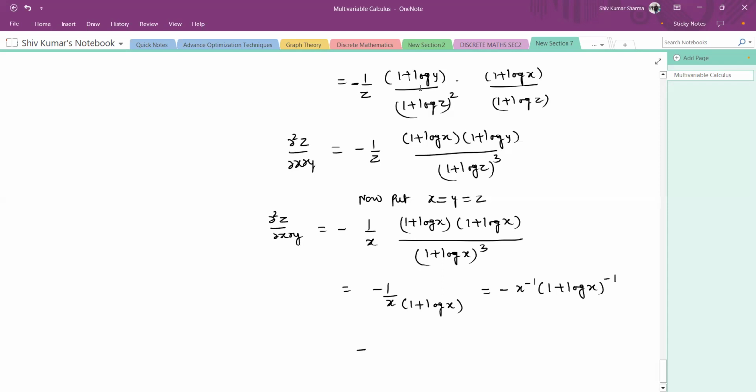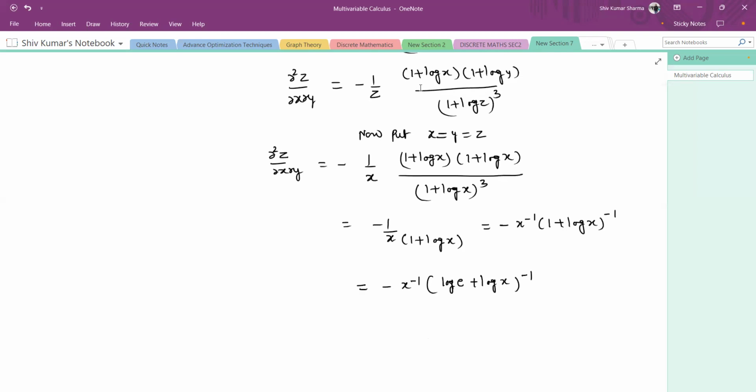Okay, so this we can write down as minus x raised to the power minus 1 into the value of 1. So the value of 1 we can write down as log e. Log e plus log x raised to the power minus 1.